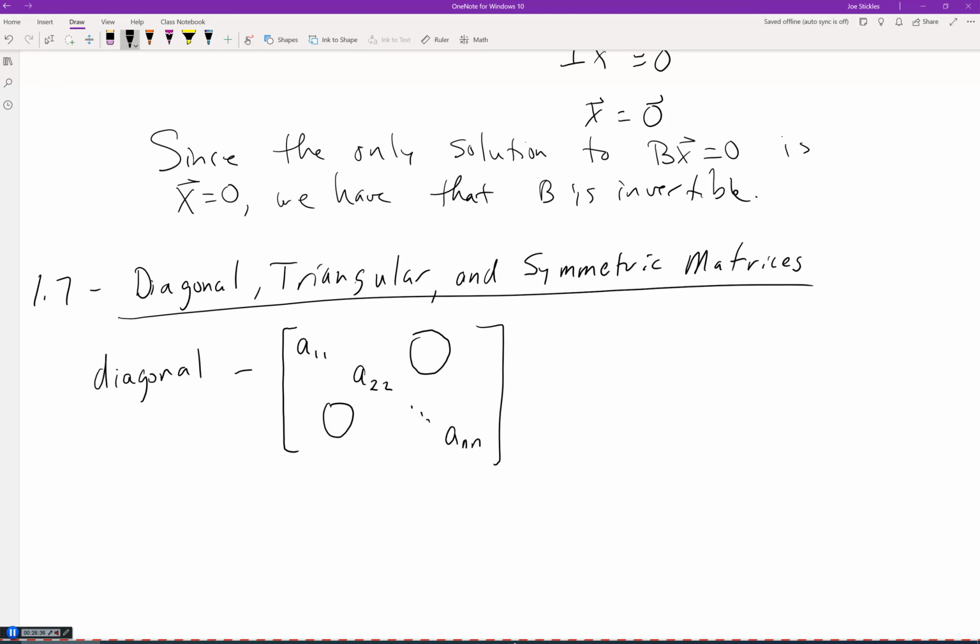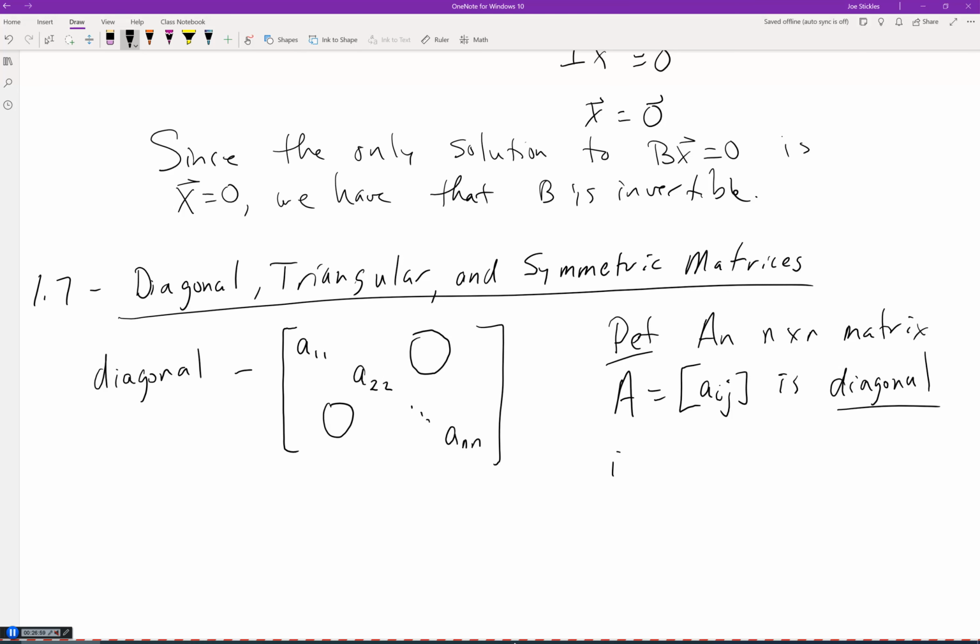So as a technical definition, I'll write it down. An n by n matrix A, written with a general entry A sub ij, is diagonal if A sub ij is 0 whenever the i and the j are different.